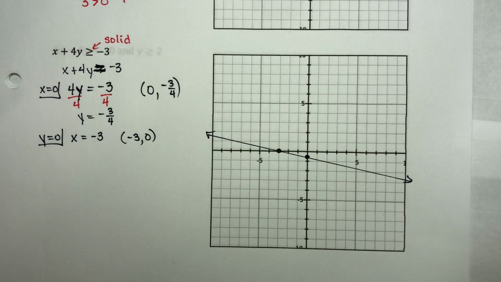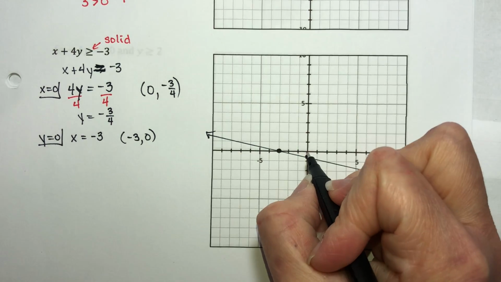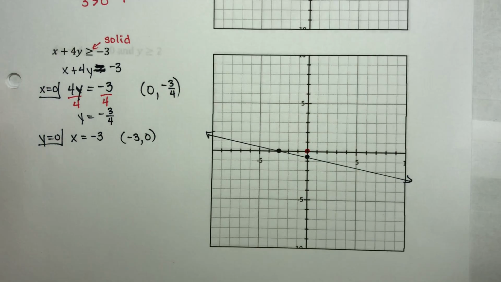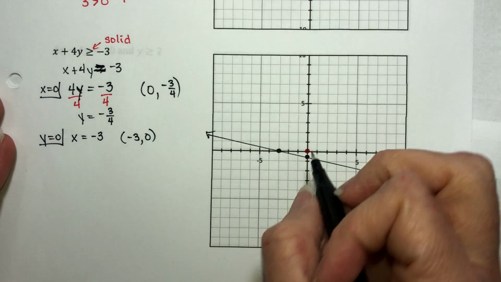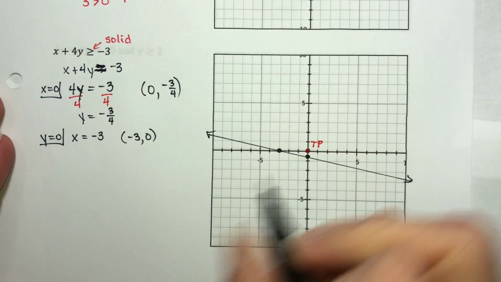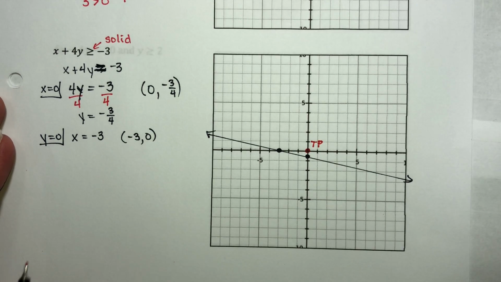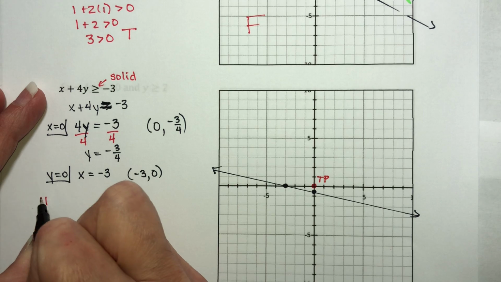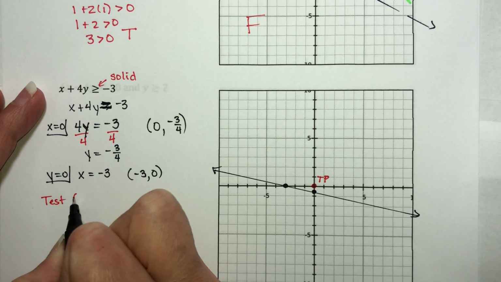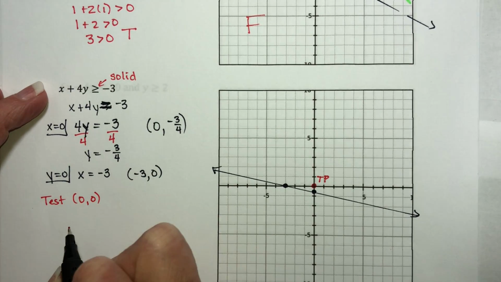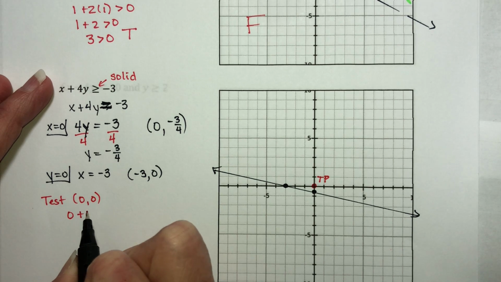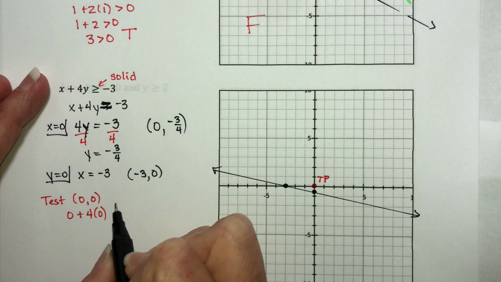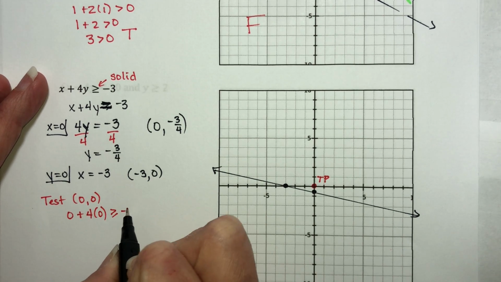And now I know I'm going to end up shading one side or the other. So I need to pick a test point, and 0, 0 is available again. I love plugging in zeros. They're definitely the easiest. So if this is my test point, I'm going to see if it's true or if it's false. Okay? So I come back to the inequality, and I'm testing 0, 0. So that would be 0 plus 4 times 0 is greater than or equal to negative 3.